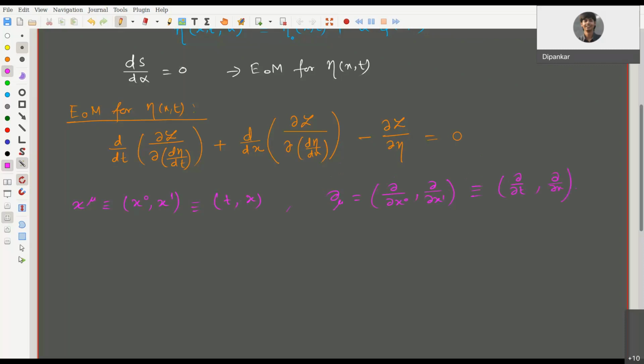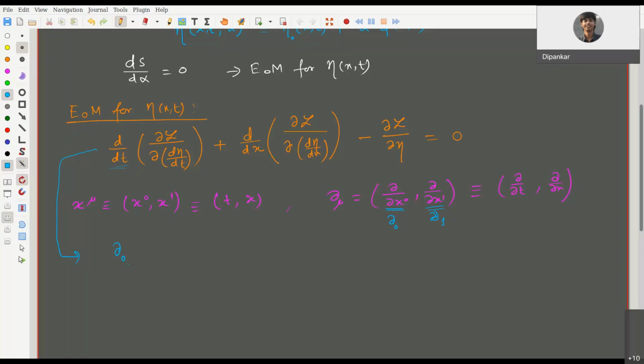If you remember this, then you should find that the first term here, let me rewrite this thing, is basically del 0. The outside derivative, d dt, is basically del x0, I call it del 0, and this is my del 1. The exterior derivative you interpret as a total derivative.